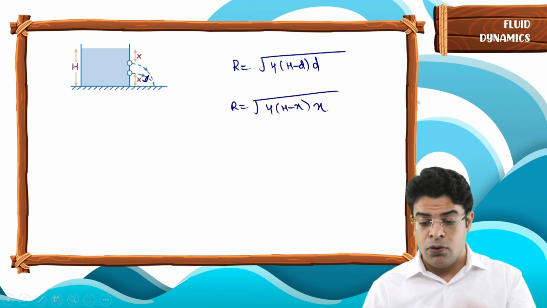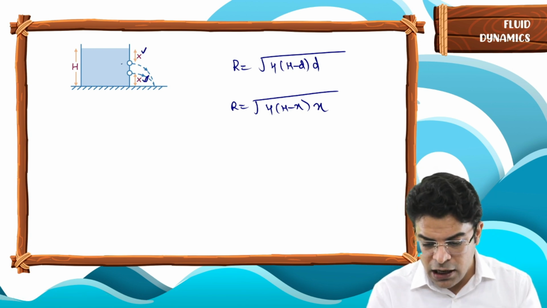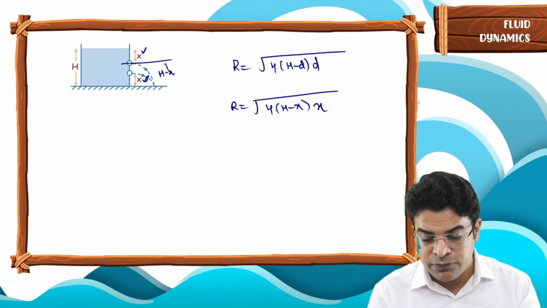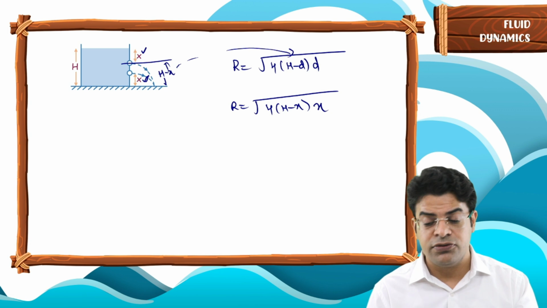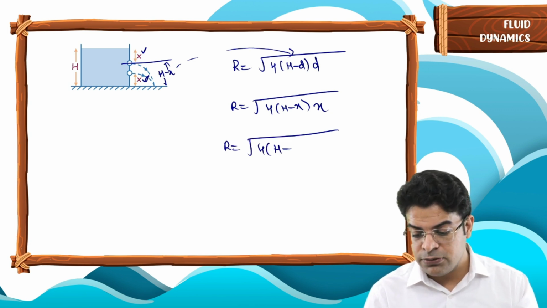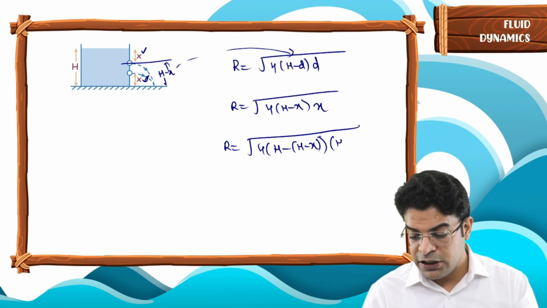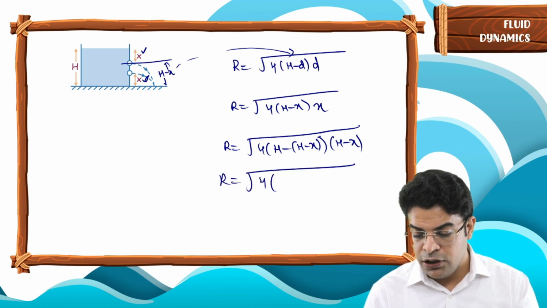If you make the hole at a height x below the top, then the height above the base will be h minus x. So you will substitute the value of d as h minus x. For this case, the range will come out to be under root of 4 into (h minus x) into (h minus x), where h minus (h minus x) becomes x, so range equals under root of 4 into x into (h minus x).